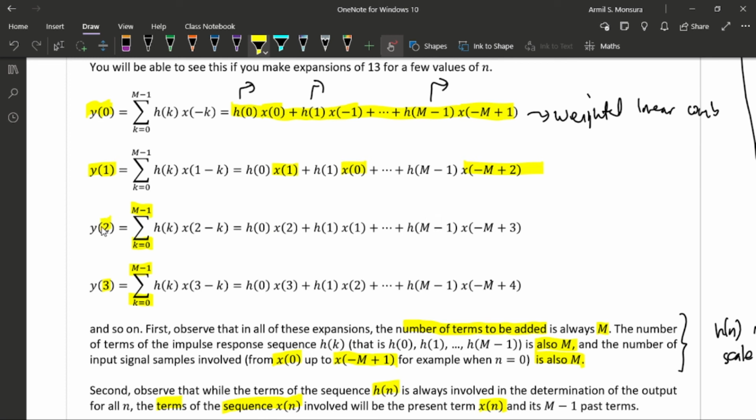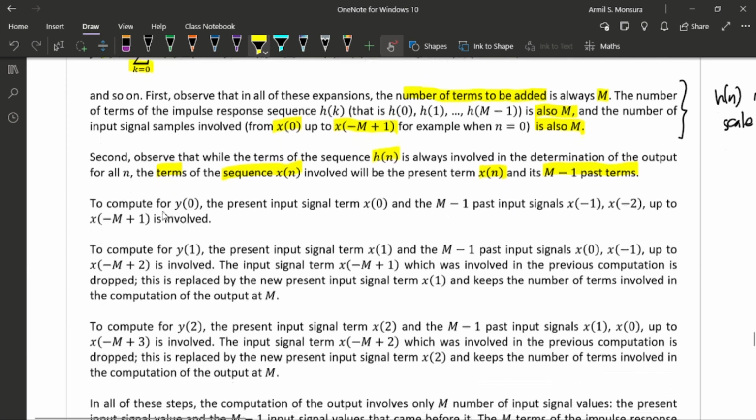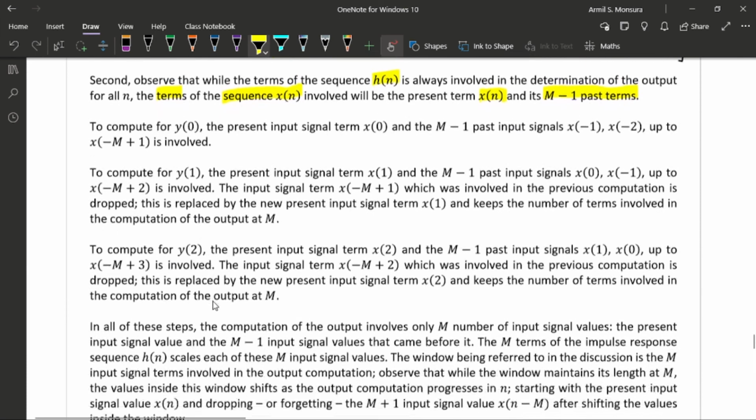If you're computing for y of 2, we will start with the present x of 2 and then involve the past values of your input, and so on. So it will always involve the present term xn and its m minus 1 past terms. So bakit m minus 1? Then m minus 1 terms for a total of m number of terms. So ayun, ito yung explain nito sa second observation niya.